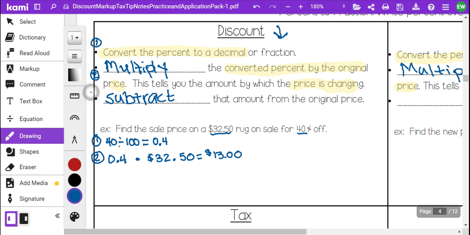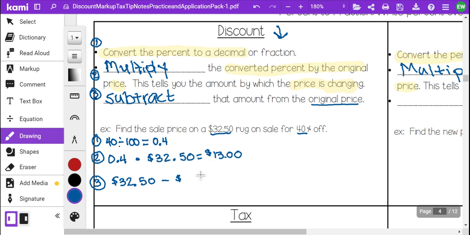And then step 3, since this is a discount, we need to take that discount off of the original price. So it says start with the original price, right? Which was $32.50. And how much money are you saving? The discount was 40%.